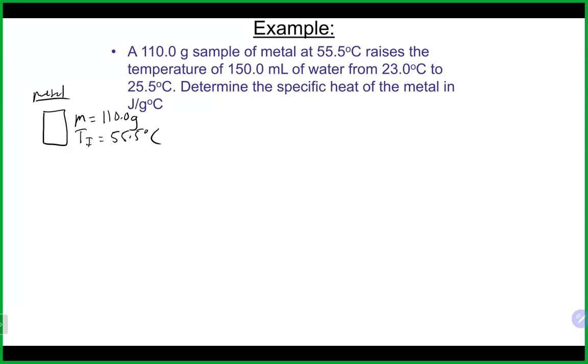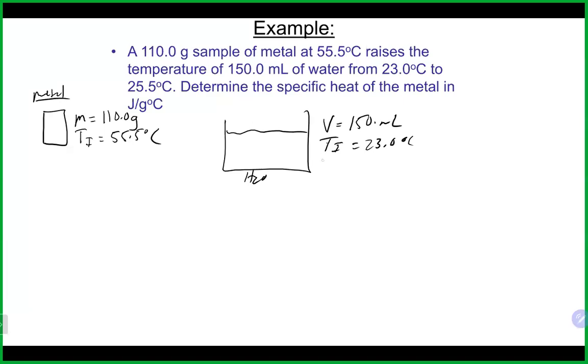And it raises the temperature of 150 milliliters of water, and that's a volume, obviously, of our water here. And it goes from an initial temperature of 23 degrees Celsius to a final temperature of 25.5 degrees Celsius. And we're looking for the specific heat capacity of our metal in this case.